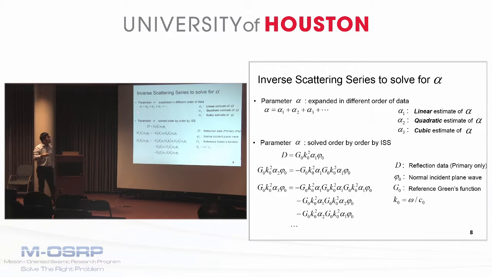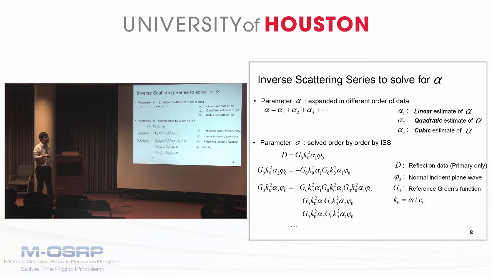So to solve for alpha by the inverse scattering series, we first expand the alpha in terms of different orders of data, where alpha 1, alpha 2, alpha 3 are the linear estimate, quadratic estimate, and cubic estimate of alpha. And then after this expansion in terms of the data, we can solve for alpha order by order using the set of inverse scattering equations. Specifically, the D represents here the reflection data.